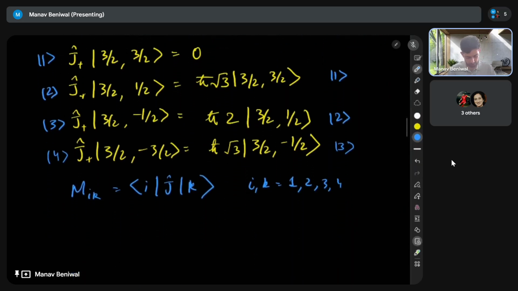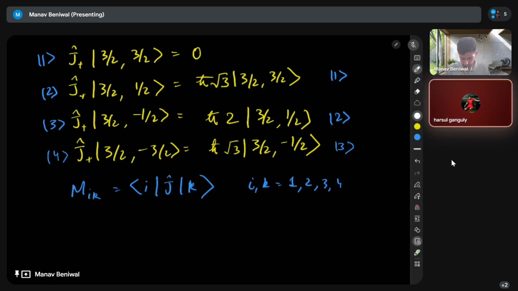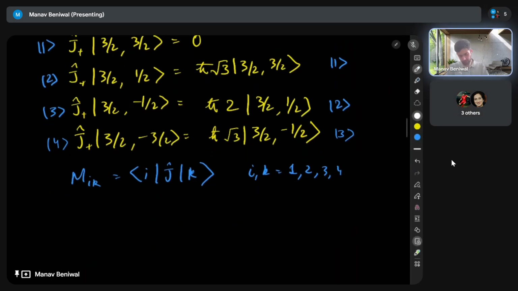Okay, so basically, let me write it down. So the non-zero elements will be, so when we have state 1 here, and sorry, this will be j plus.